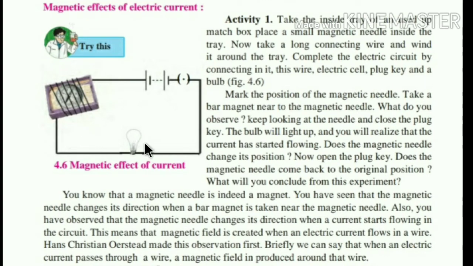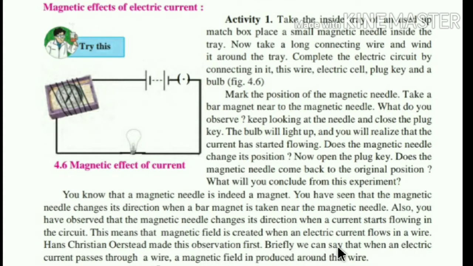We concluded that electric current produces a magnetic field around a current-carrying conductor. Christian Oersted made this observation first.